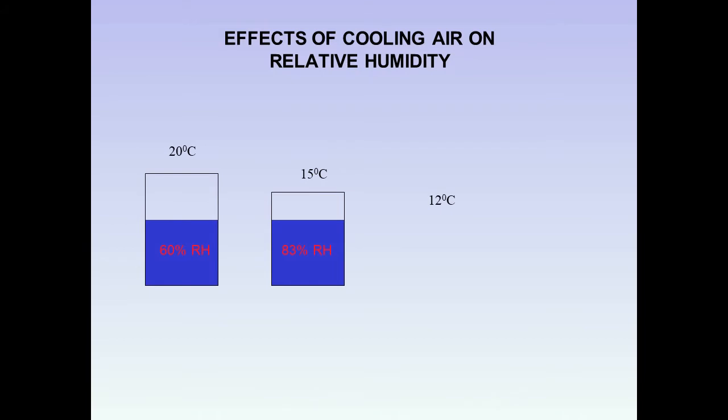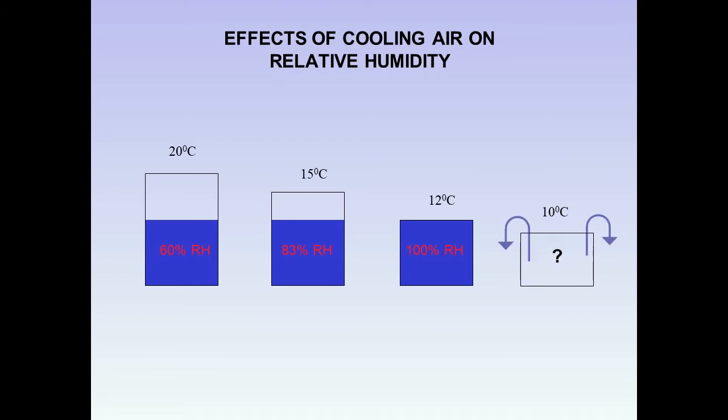We're going to cool the air down again, to 12 degrees. Bucket gets smaller. We're going to pour the same amount of material into the bucket. Our bucket is now full. We're going to cool it down again, of course, to 10 degrees. So what will happen if we pour that amount of water on the left into this much smaller bucket?